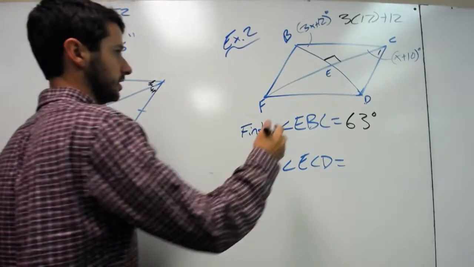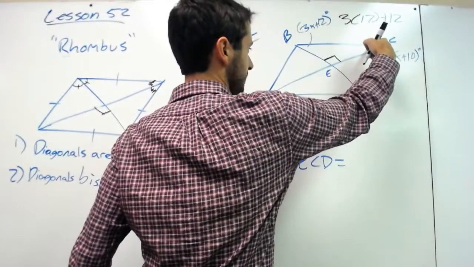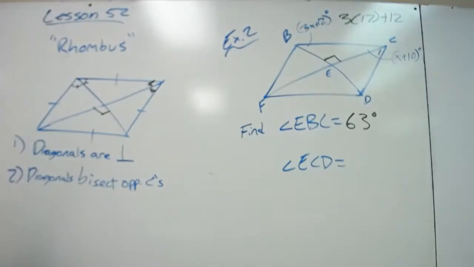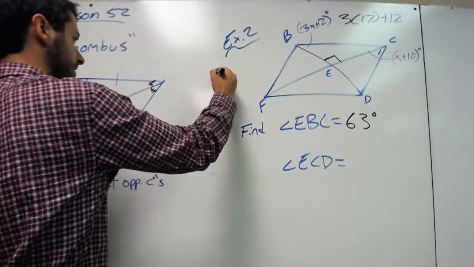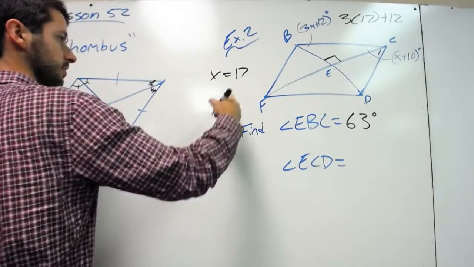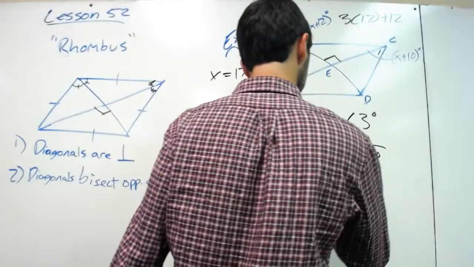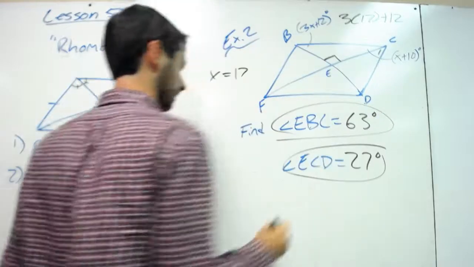So that means if this angle is x plus 10, we can also say that angle is x plus 10. So when we solve for x plus 10, we will know our answer. We remember that x was 17, and so we do 17 plus 10 to get 27 degrees. And those are our two answers.